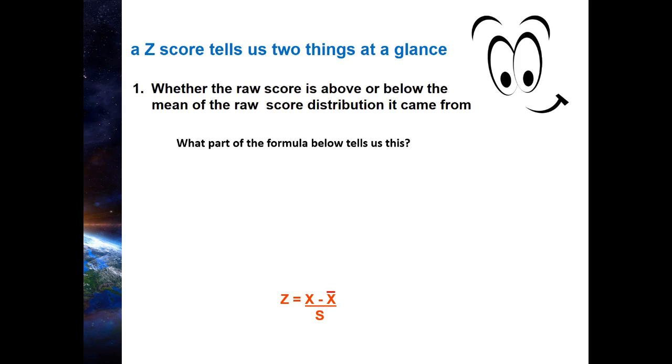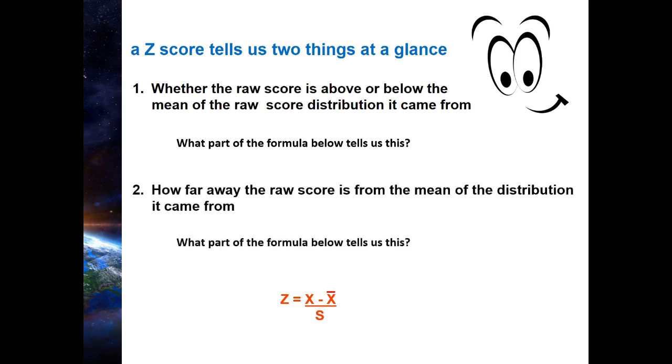What's the second thing we can get at a glance? To be able to tell how far above or below the raw score is from the mean. And again, just at a glance. How can we see this from the formula? Well, we know if this subtraction gives you a negative answer or a positive answer, that tells you if you're above or below.